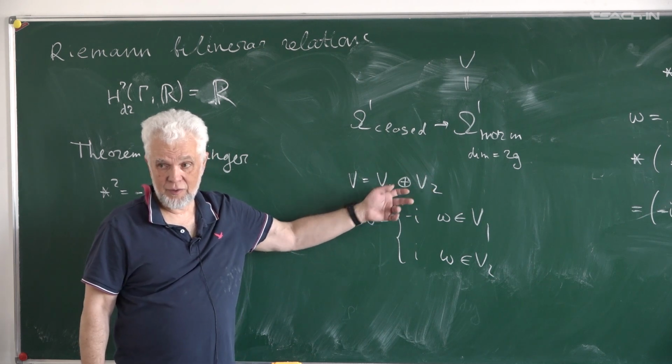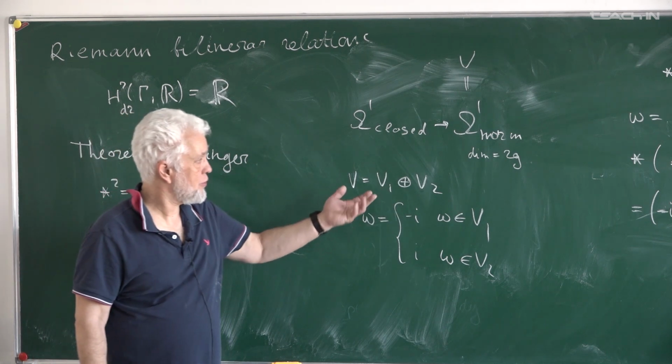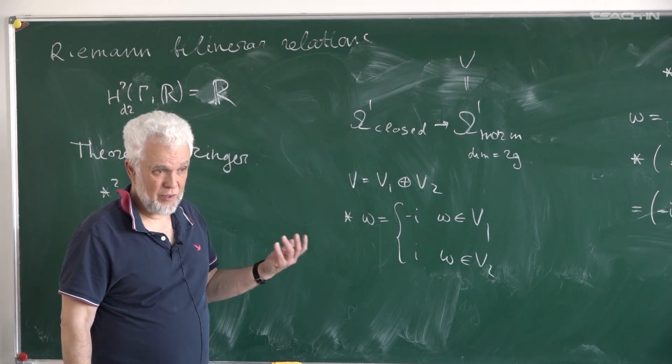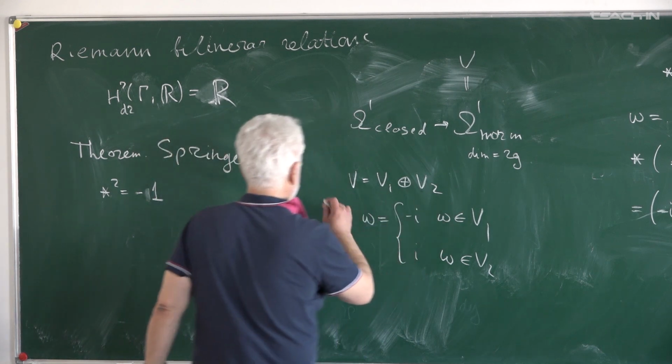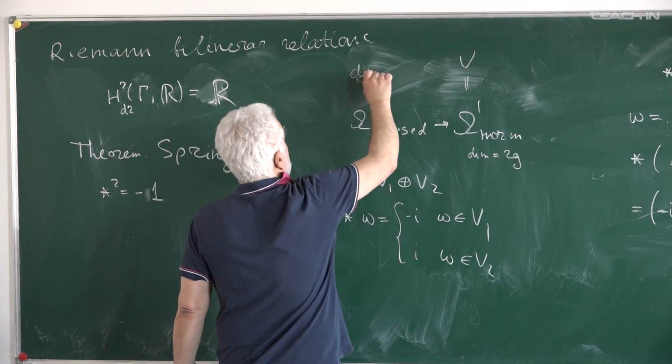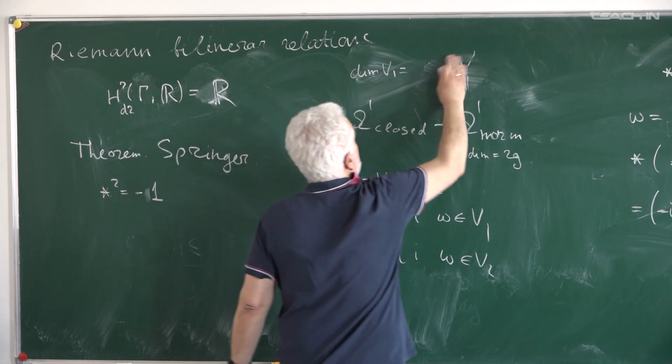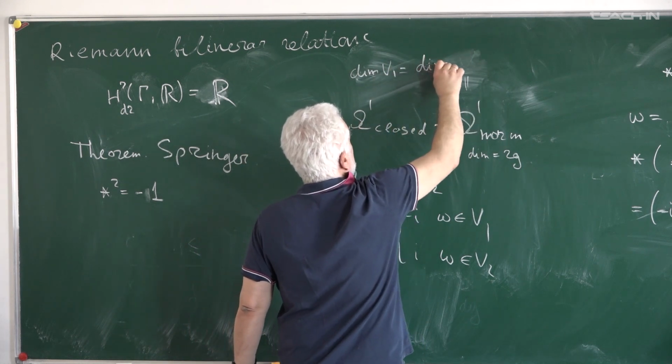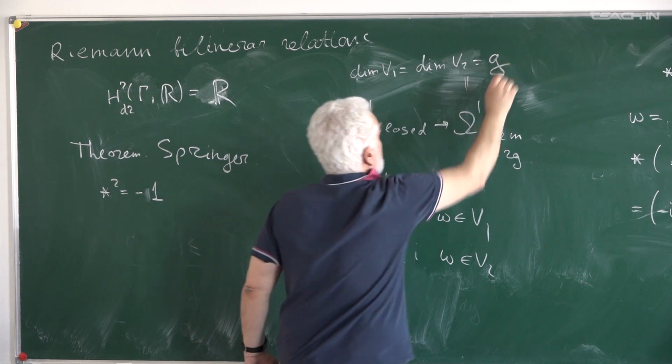Two eigenspaces. They have the same dimension, so dimensions are equal to G. You see.